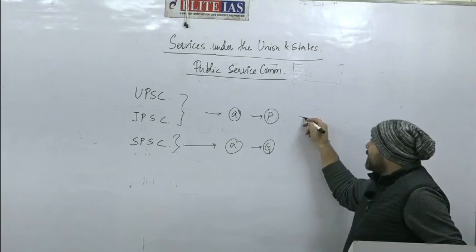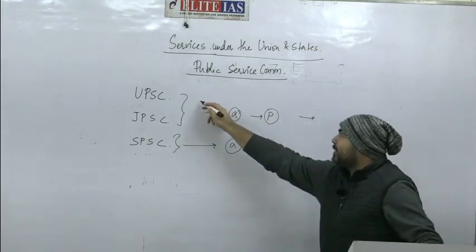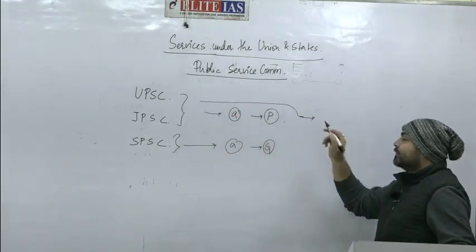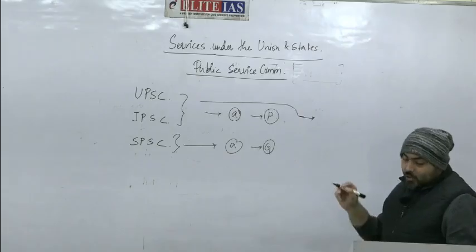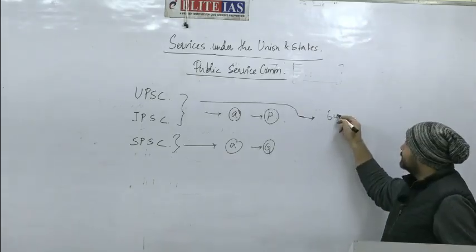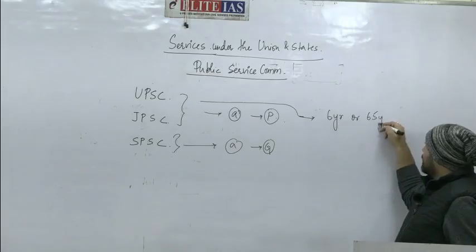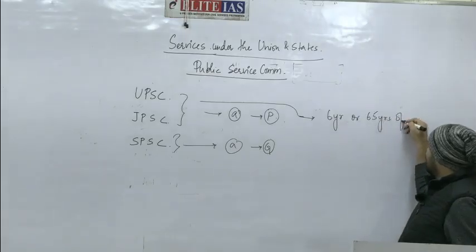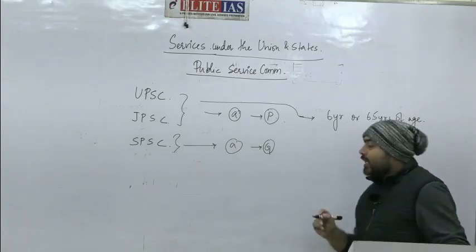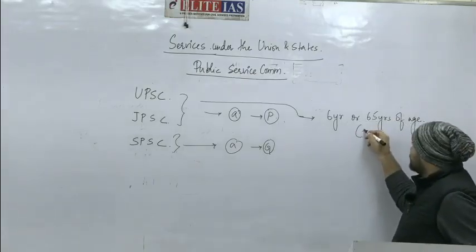A member of the Union Public Service Commission has a tenure of 6 years or 65 years of age, whichever is earlier.